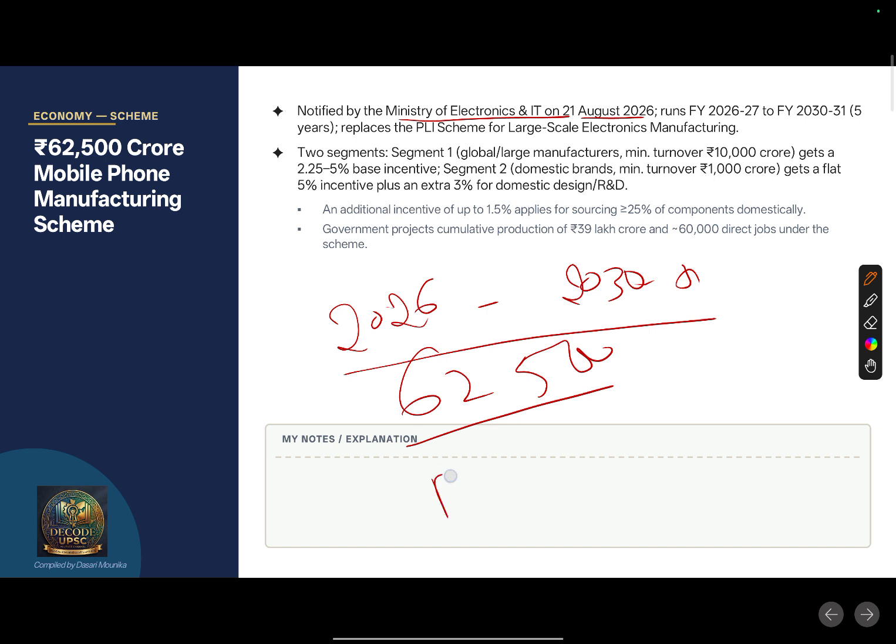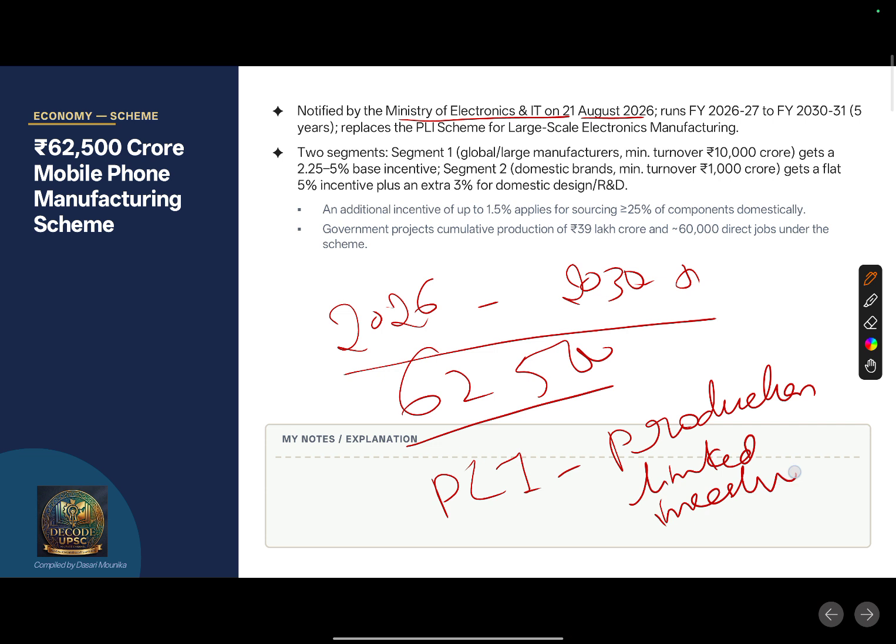So what is this PLI? Production linked incentives. Let us understand this with a very simple example. Suppose a company manufactures more mobile phones in India.